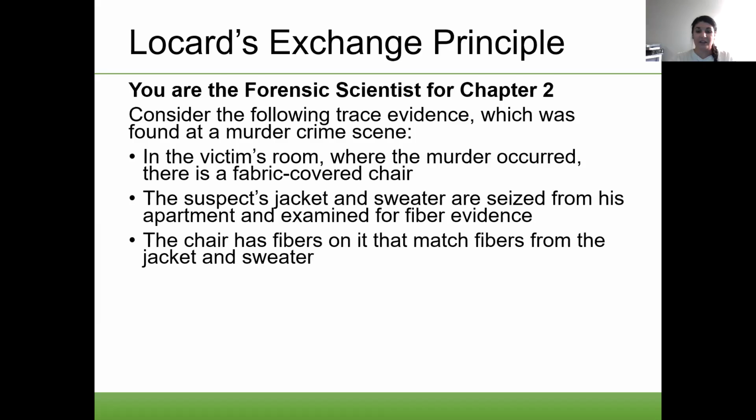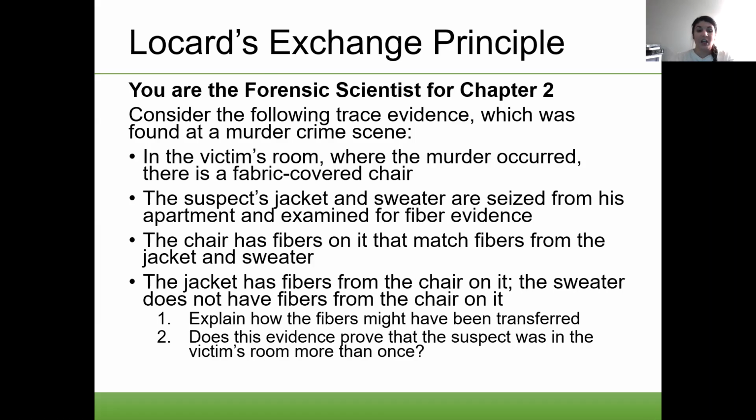They find that the chair has fibers that match the jacket and the sweater. And the jacket has fibers from the chair on it, but the sweater does not. So, looking at this information, we want to explain how the fibers might have been transferred between the jacket, sweater, and the chair. And does this evidence prove that the suspect was in the victim's room more than once?